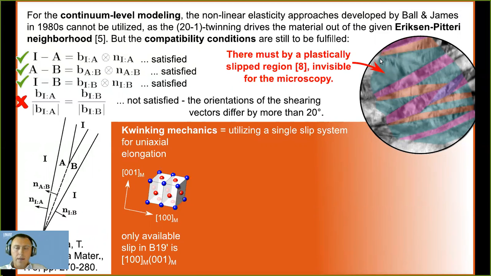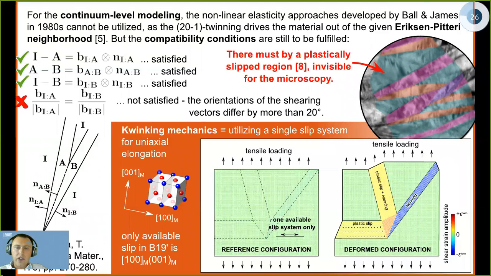Of course, the microscopy cannot see the slipped region because it's just the dislocation passed through these regions. And if we admit that there is such a plastically slipped region, we can easily understand how the microstructure arises and how the so-called kwinking mechanics works. You cannot see the reference to Tomonari's paper because it is right behind me, but on the next slide you will see all the references together.